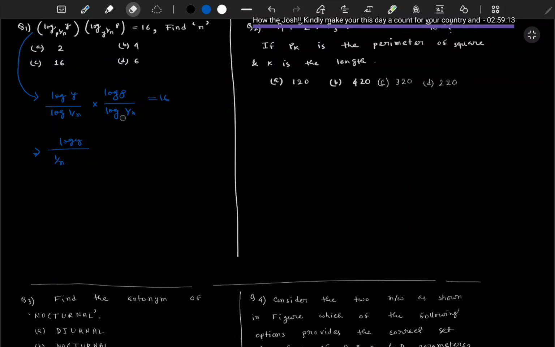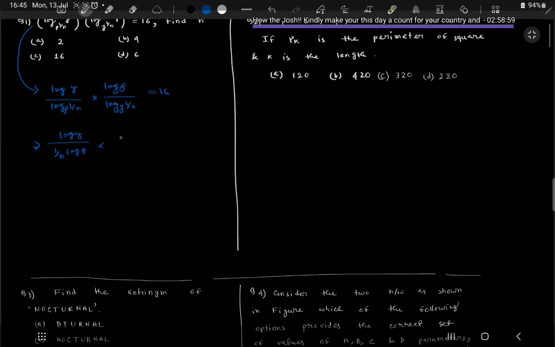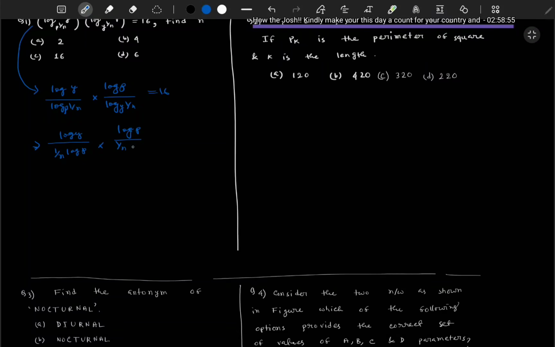Okay, here I have a little typing mistake. Here it is p to the power n and y to the power this. So the power will become in the beginning. Now you can see n equal to 4. So option B it is coming.